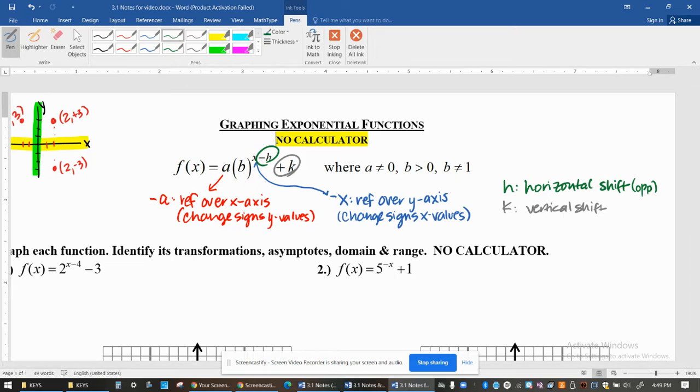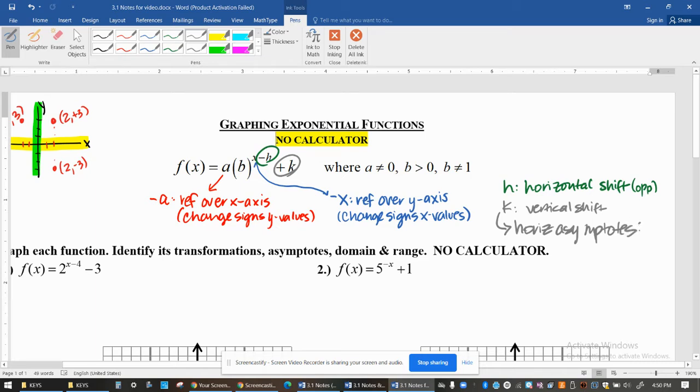Now, one of the things that's really important for you guys to understand is that exponential functions always approach a specific value, and it's k. So they have asymptotes. In this case, they're horizontal asymptotes. Remember, asymptotes are invisible lines that aren't really part of the function.